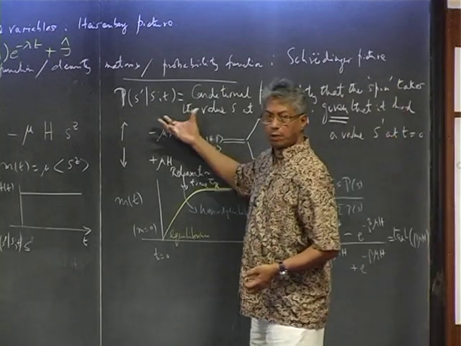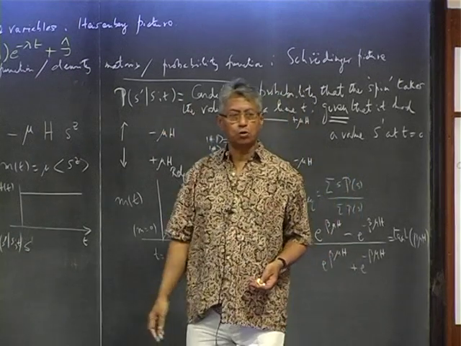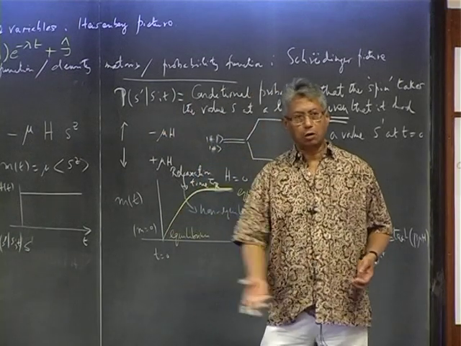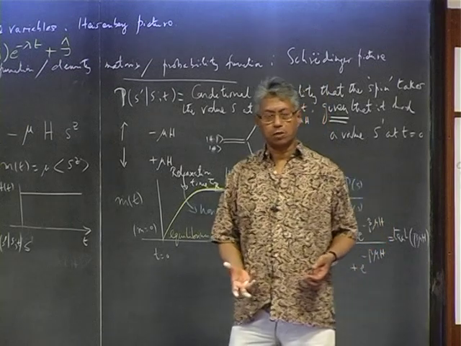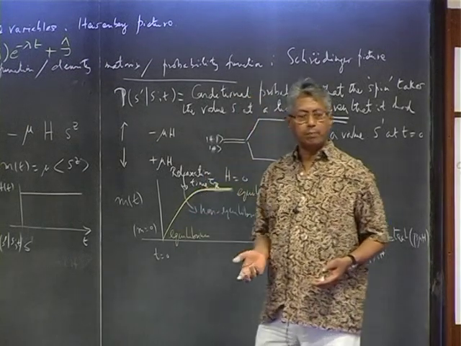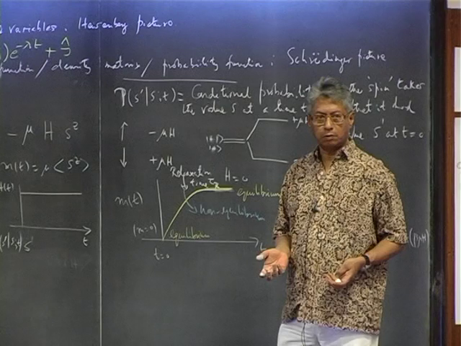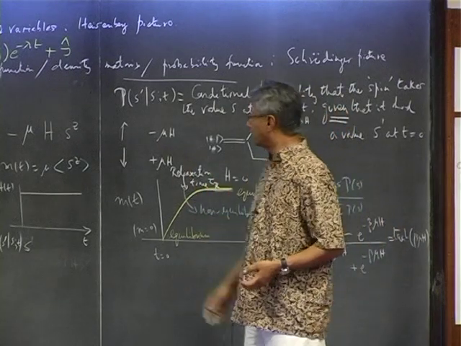And it is this conditional probability that Abhishek Dhar will show also, for a stationary Markov process, obeys what is called a Chapman-Kolmogorov equation, the Chapman-Kolmogorov-Smoluchowski equation.